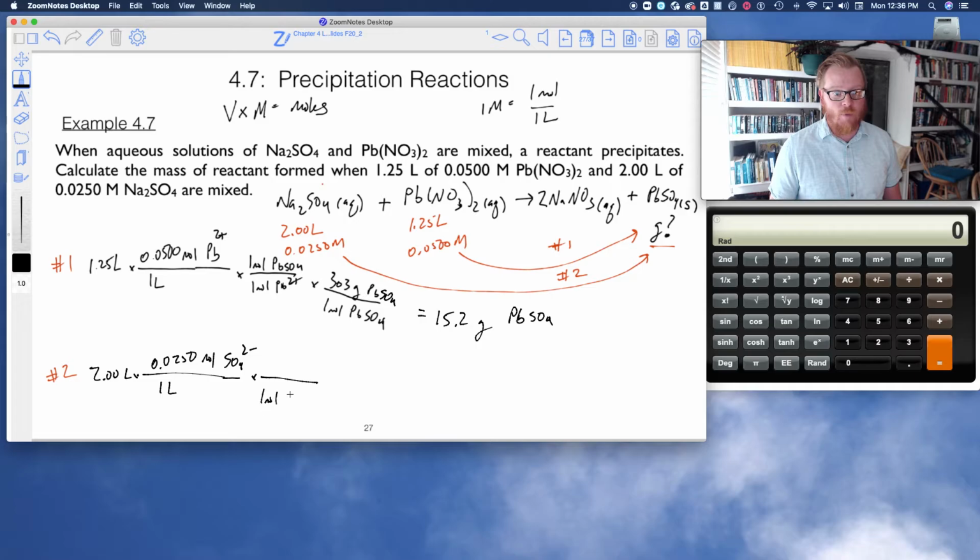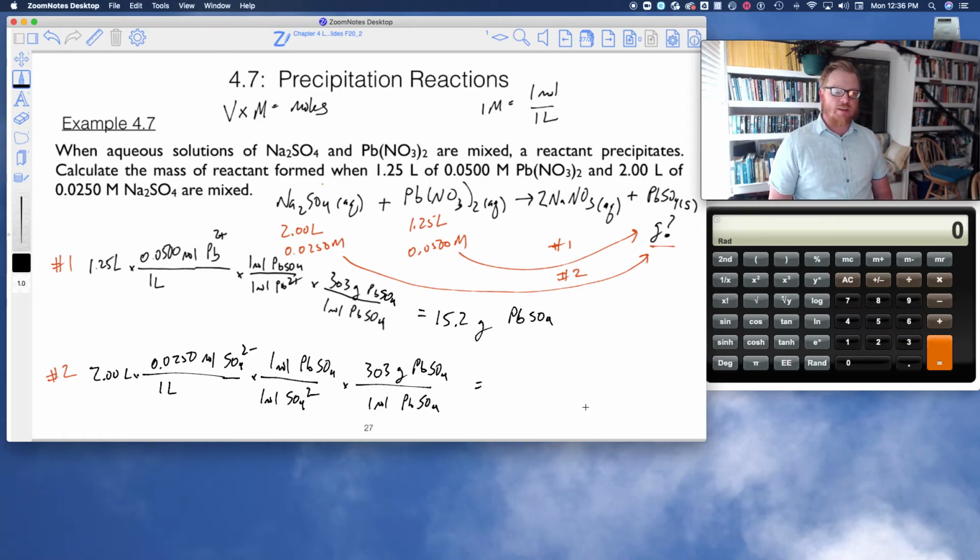So 1 mole of sulfate makes 1 mole of lead sulfate. Then I can copy that very last line because I know I need to convert it into grams, so I just use the molar mass of lead sulfate, 303 grams per mole.